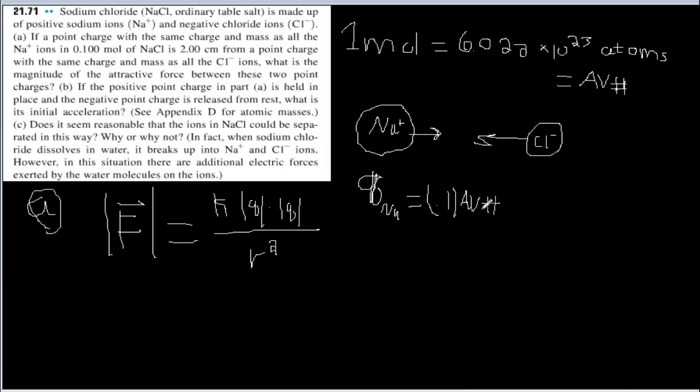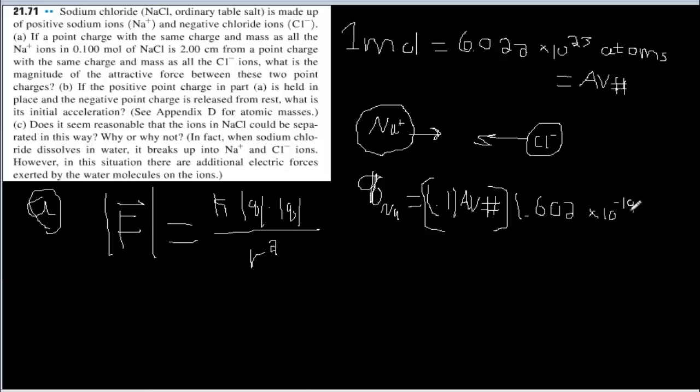That gives us the amount of particles that we have, and since we know each particle has a positive charge, we can multiply this whole term by the magnitude of a charge, which we know as, or you can look in the back of your book or online, as 1.602 times 10 to the negative 19.